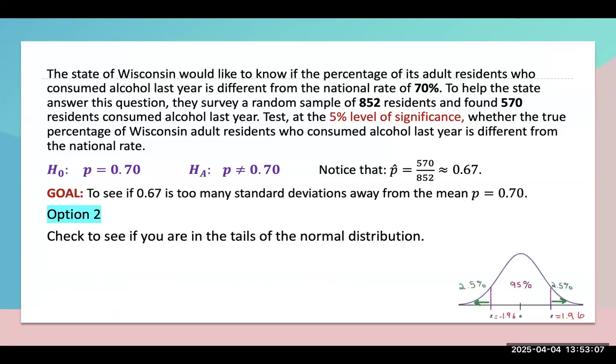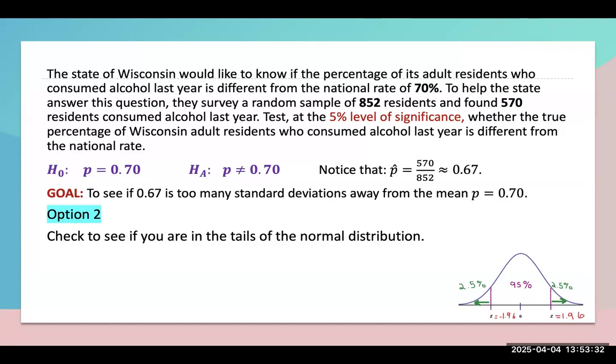So here in the bottom right-hand corner, you see the normal distribution. By checking to see if we're in the tails: if I'm in the tails, that means I'm not inside the confidence interval. If I'm not in the tails, that means I'm in the confidence interval. So if I find the z-score that corresponds to this p hat, what is the z-score that corresponds to 0.67?